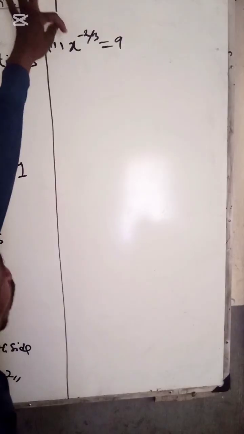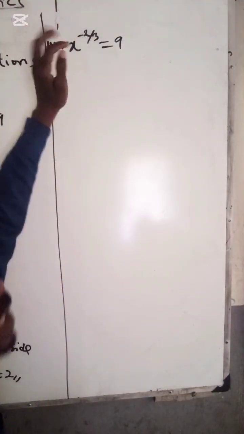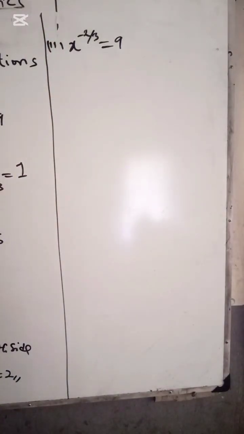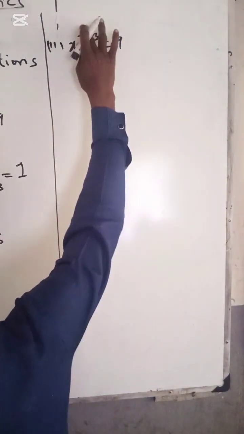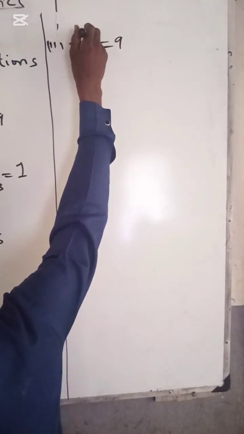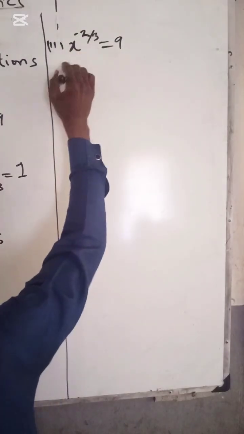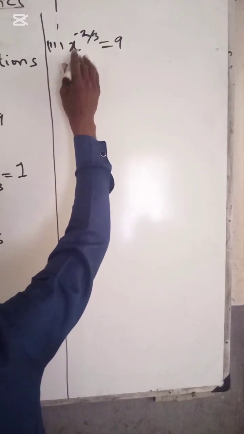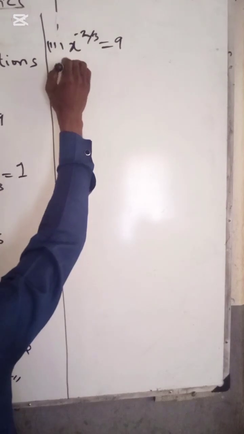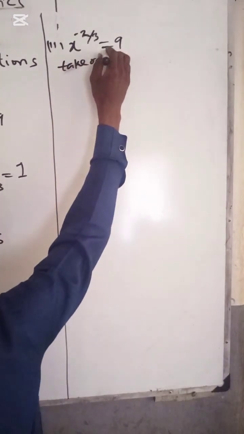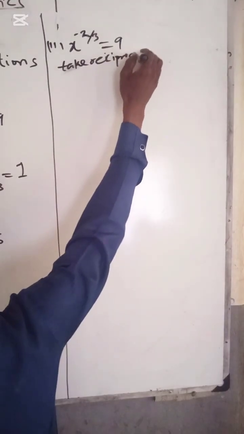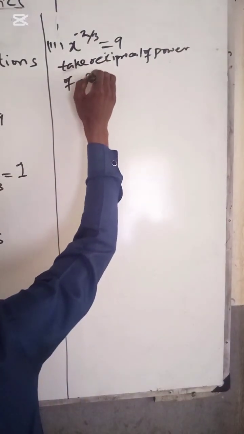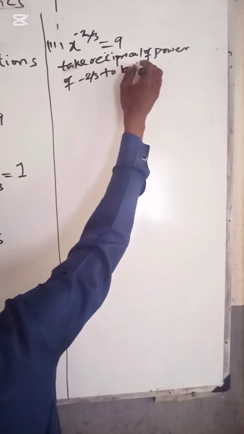What do we usually do? You take the reciprocal of everything here so that it can knock off this particular power up there. Don't forget, this is 2. Now, you do this: take the reciprocal of the power minus 2 over 3 to both sides.